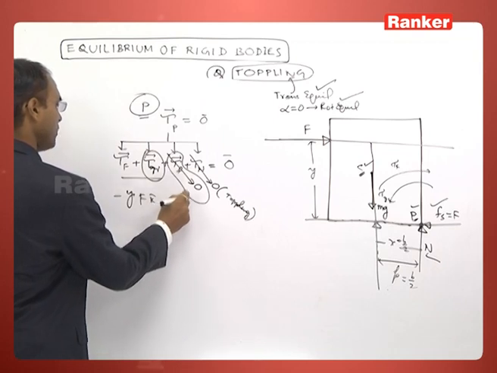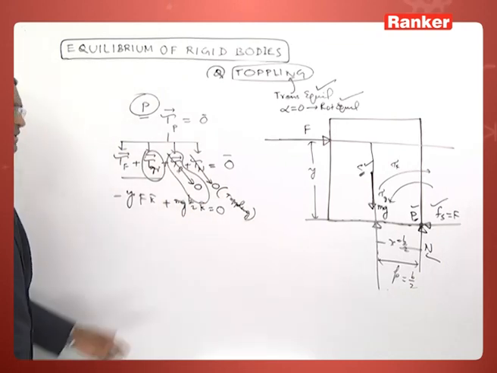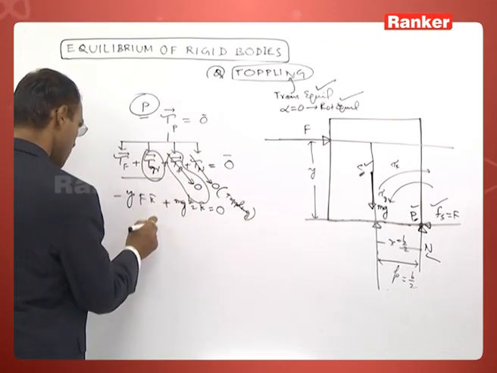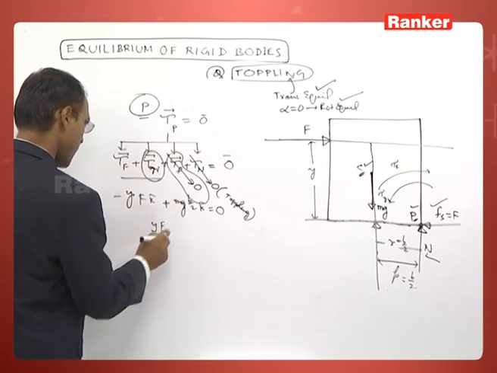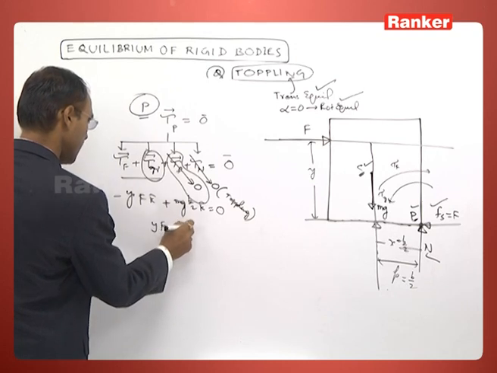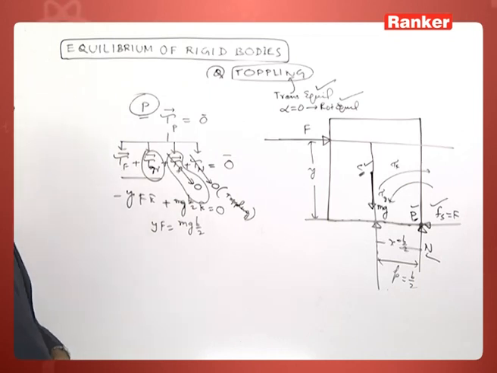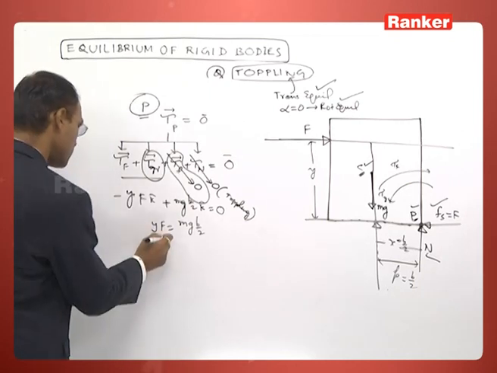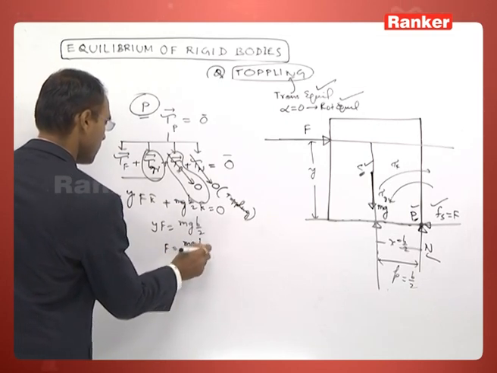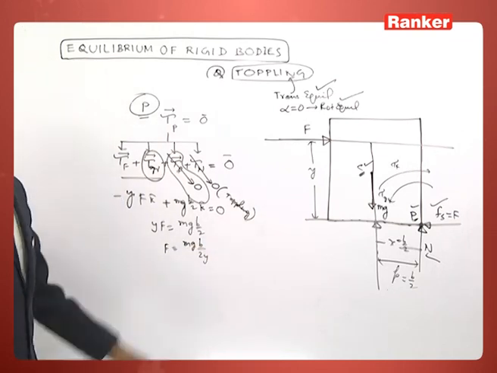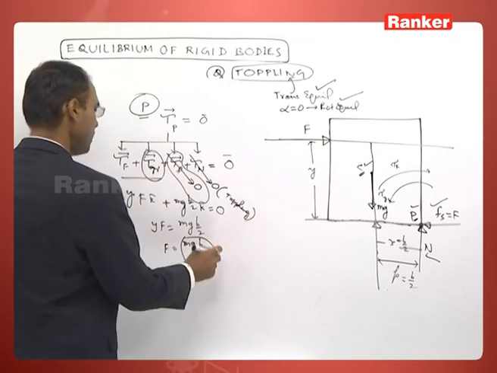So, mg into b by 2, which direction? K cap direction. When it is added with this torque, we are getting 0. So, you are getting Fy will be equal to mg b by 2. And the force will be equal to mg b by 2y. Exactly same force we are getting. And the force will be exactly equal to this much, then the body will topple.